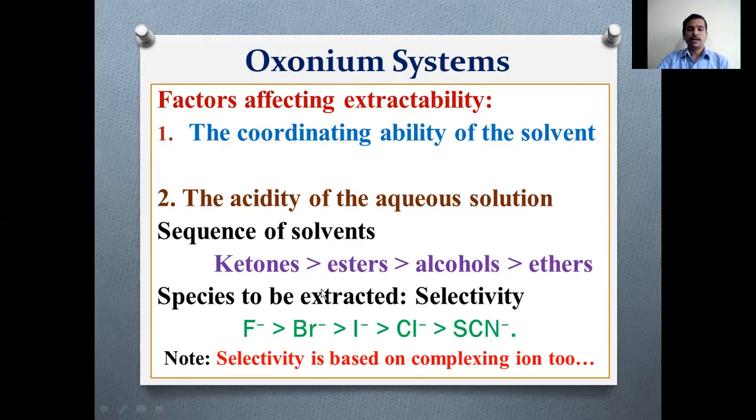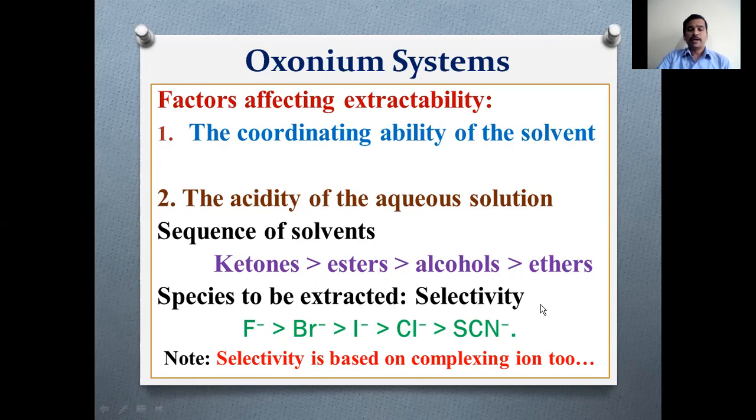Therefore, ketones come at the top, then esters, then alcohols, then ethers. If you have a ketone, methyl isobutyl ketone, you prefer that. If you have ethyl acetate, you prefer that. If you have isoamyl alcohol, you can use that. If you have diethyl ether, you can use that. So coordinating ability is written in this particular order.